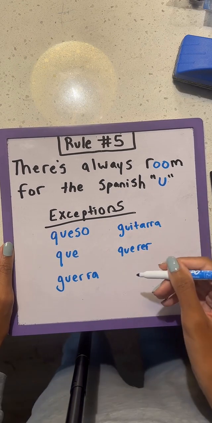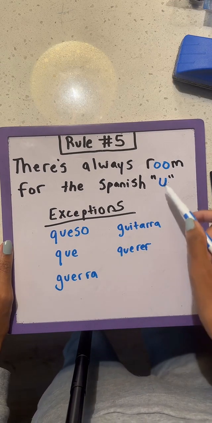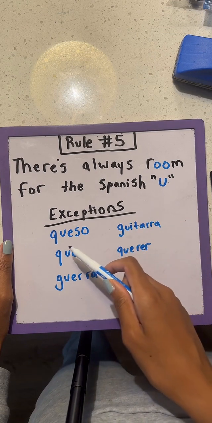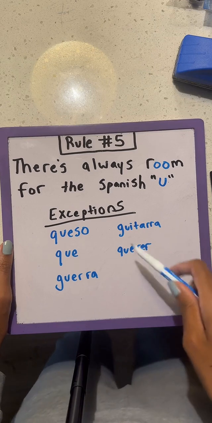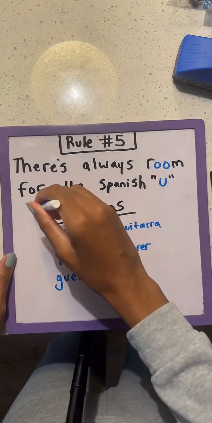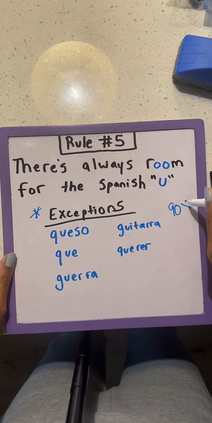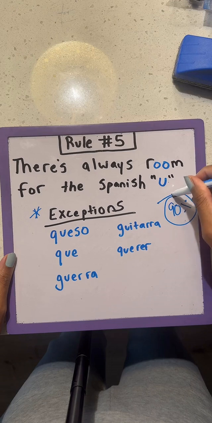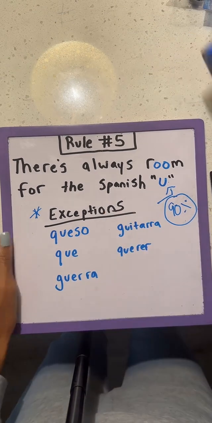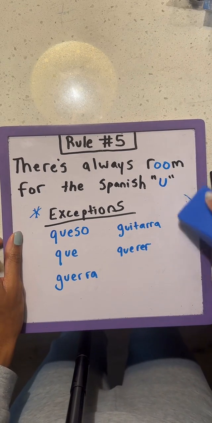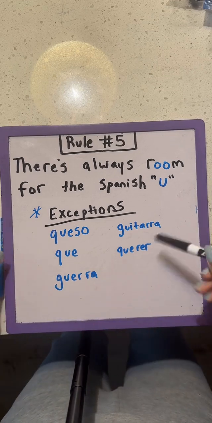So these are a few examples, because if we know that the sound for the Spanish U is oo, well, does that mean that this is cueso and cue and guera and cuer? No, that doesn't work for these. So I just had to let you know that there are exceptions. So just so you know, 90% of the time, it's going to sound like oo. But there are a few times, a handful of times, when it doesn't. And the rule for that, let me write that here.